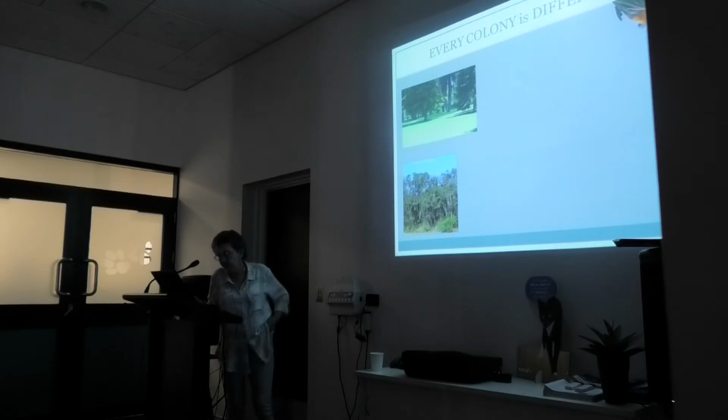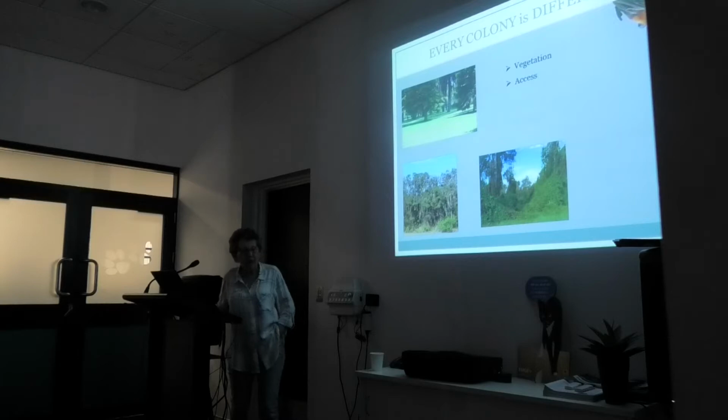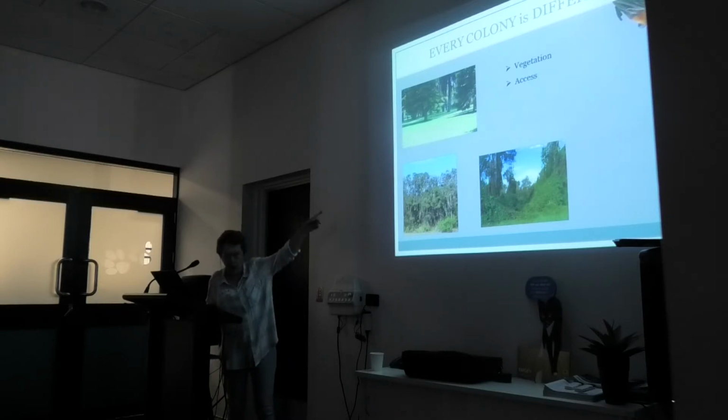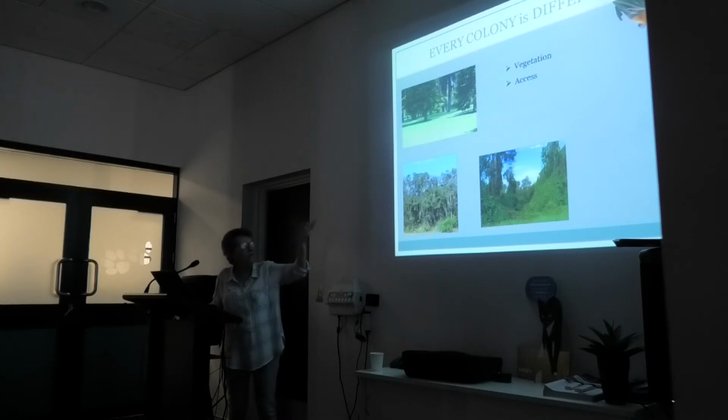So every colony is completely different. You've got vegetation differences. You've got access. Some colonies you can only go in with spray equipment. Some colonies, because of the low understory, you can't use tankers. We even have trouble with sprayers, although we've got new ones now.